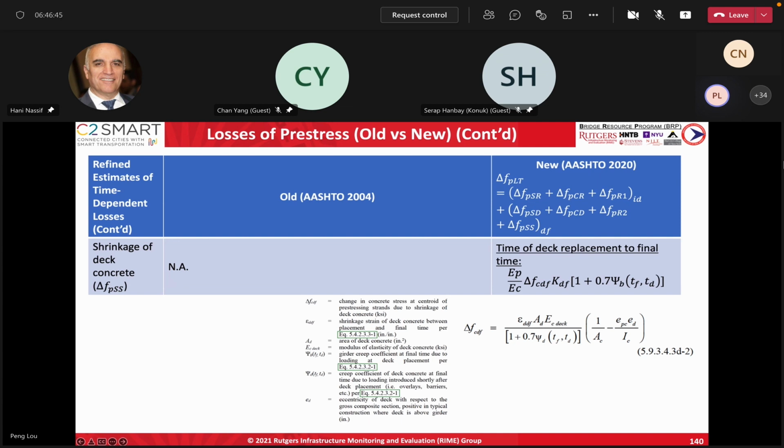The next one is an addition the new code has, to consider the deck concrete shrinkage.